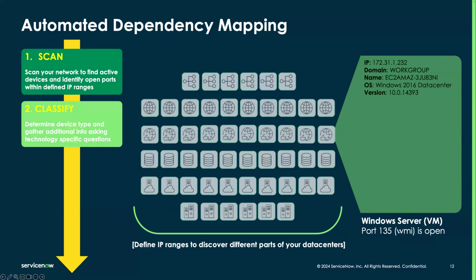The next phase will be the classification phase. If Discovery finds devices or computers, it will send additional probes to find the type of device or the operating system on that very same device. As an example, we can see that the operating system here is Windows 2016 Datacenter with this specific version.